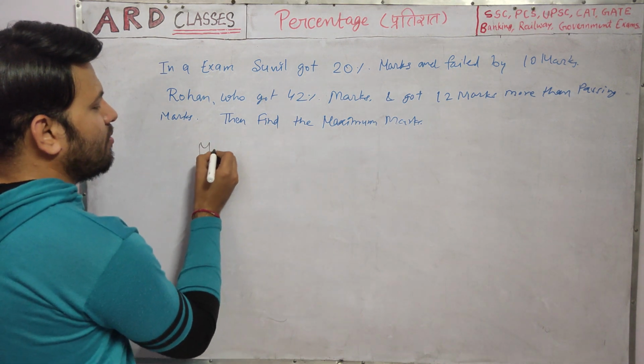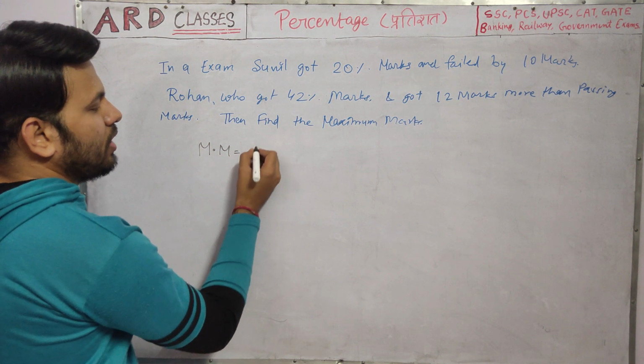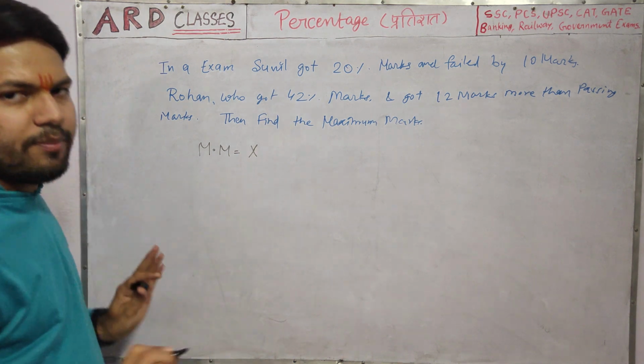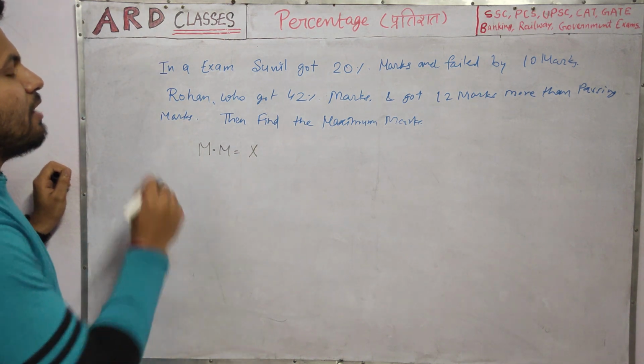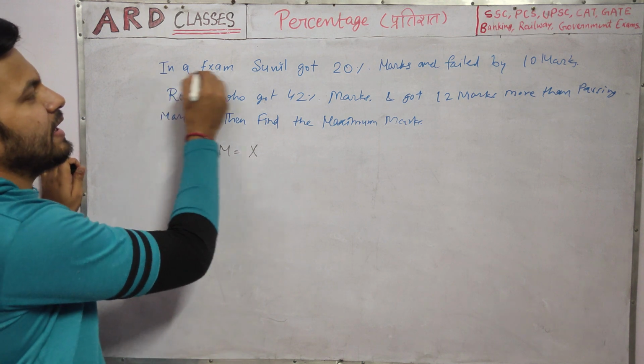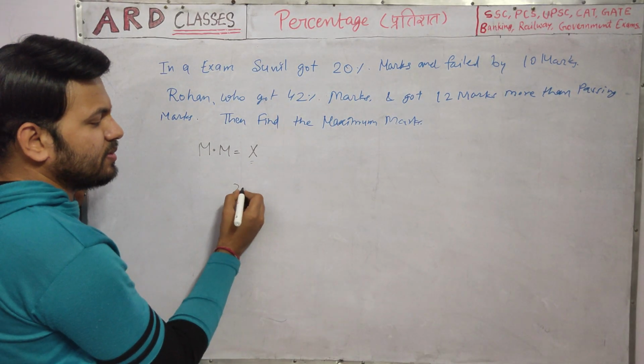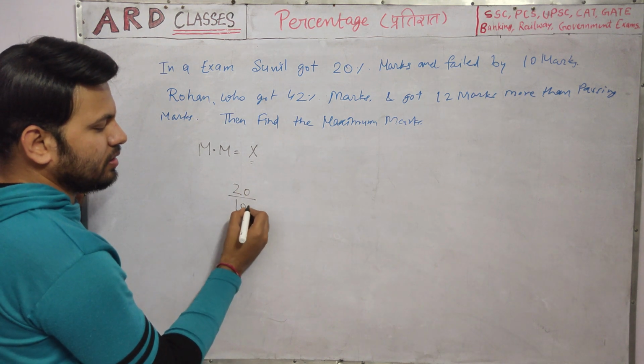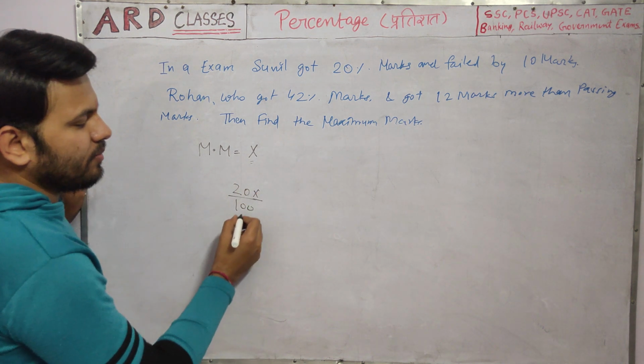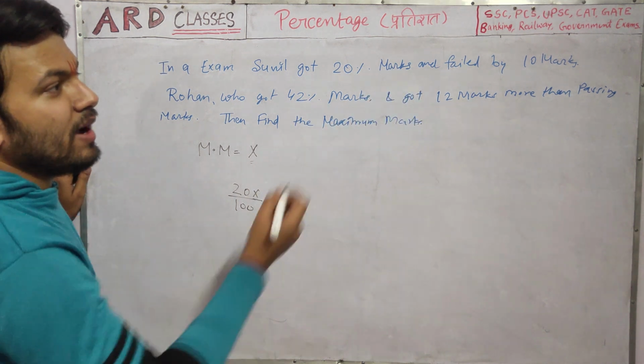Let's find the maximum marks. For example, maximum marks is x. Now, how are we going to solve this question? In the exam, Sunil got 20% marks, 20% of x. You can write it as 20x by 100, and failed by 10 marks.